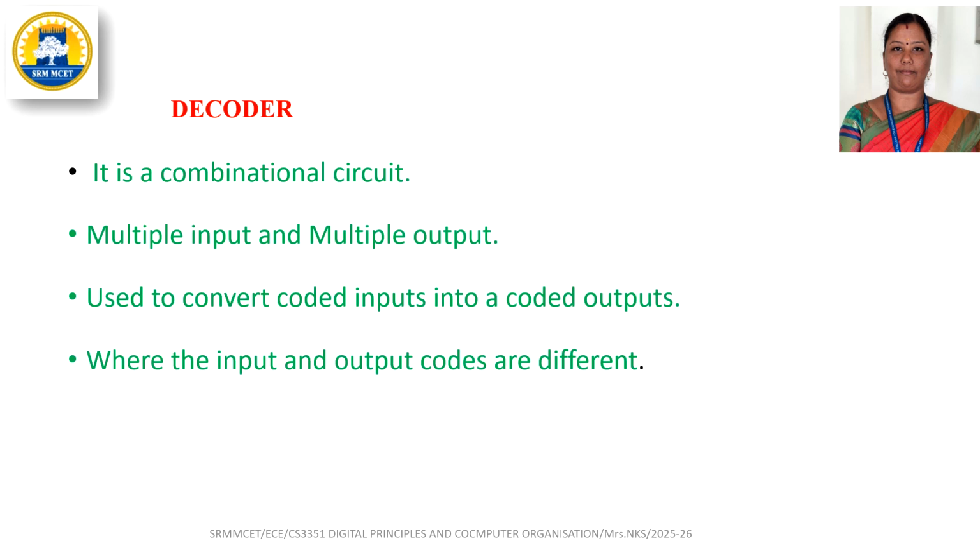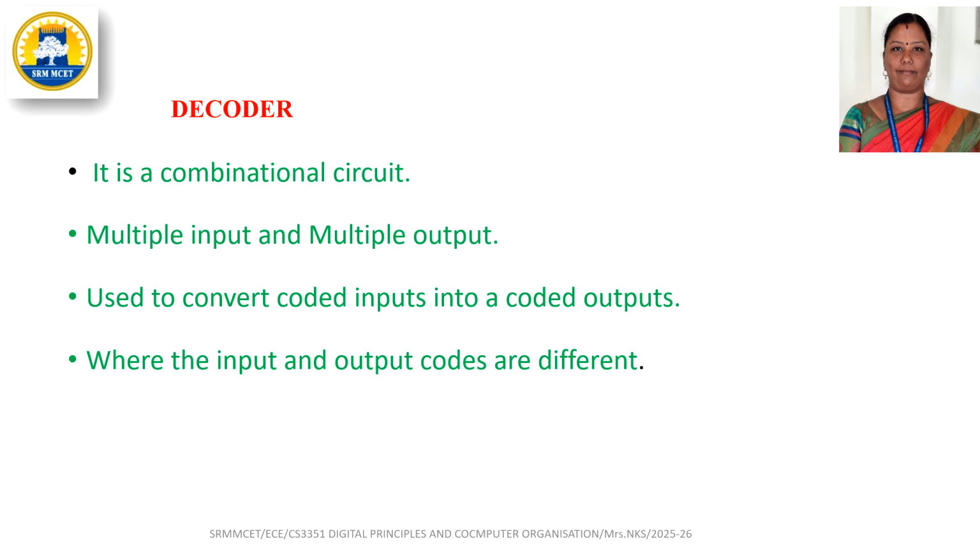Next we discuss the decoder. The decoder is also a combinational circuit. It also has multiple inputs and multiple outputs. Decoders are generally used to convert coded inputs into coded outputs, where the input and output codes are totally different.